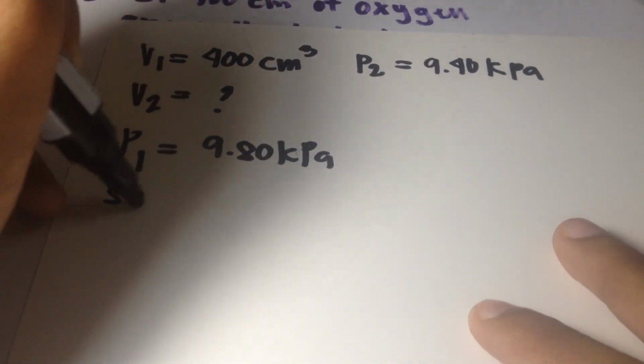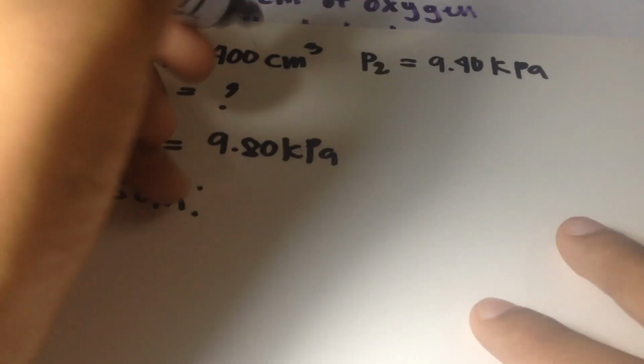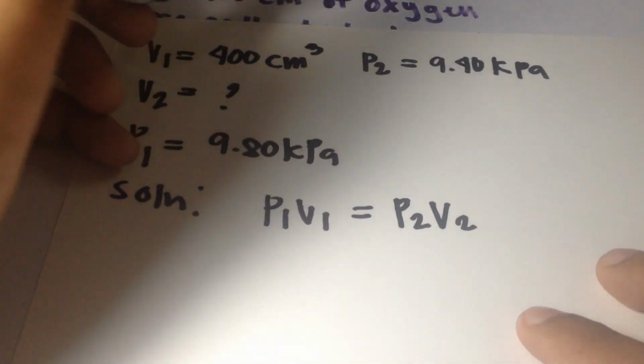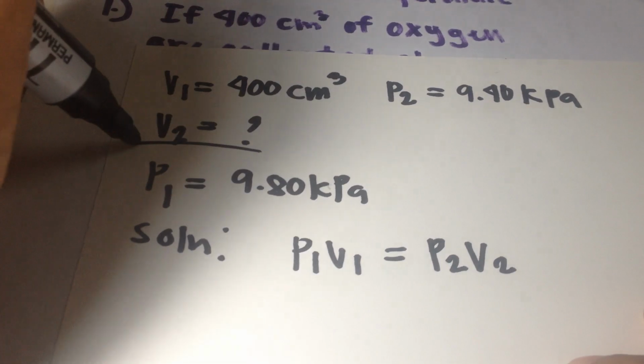So let's begin. Solution. These are the givens, right? And this is the solution. So P1V1 is equal to P2V2. Okay? And we need to find V2.